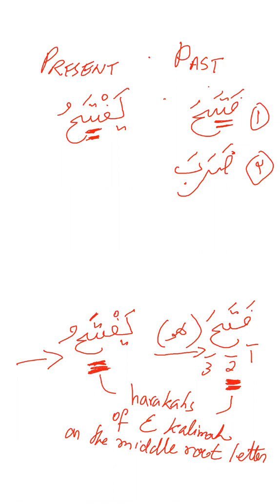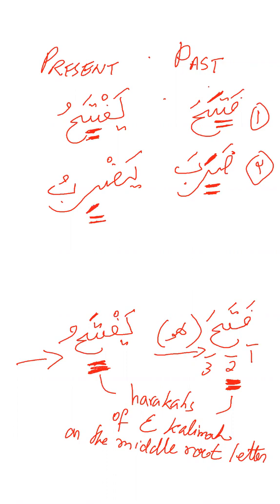Right? Daraba, Yadribu. Exactly. So this is fatha again, just like here. The change occurs in the present: Yadribu. So the ain or the middle letter in the past and present are fatha and then kasra.